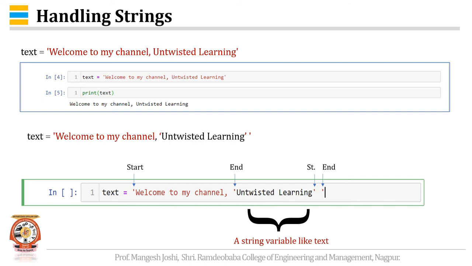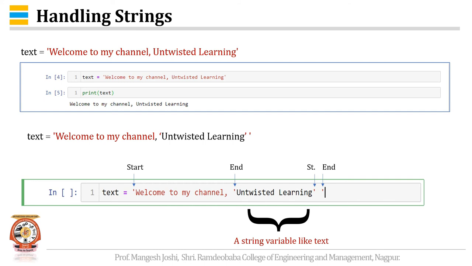I have represented this case in the bottom picture. If you can identify the difference with the color: in the first case, the color of text was black, and the string color was maroon or red.